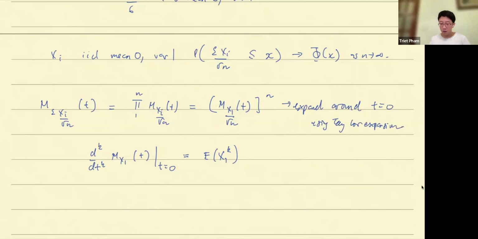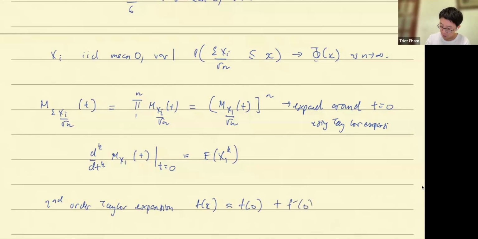So the expansion is as follows. Second order Taylor expansion says that f of x around x equal to 0 is approximately f of 0 plus f prime of 0 times x plus the second derivative over 2 times x squared.